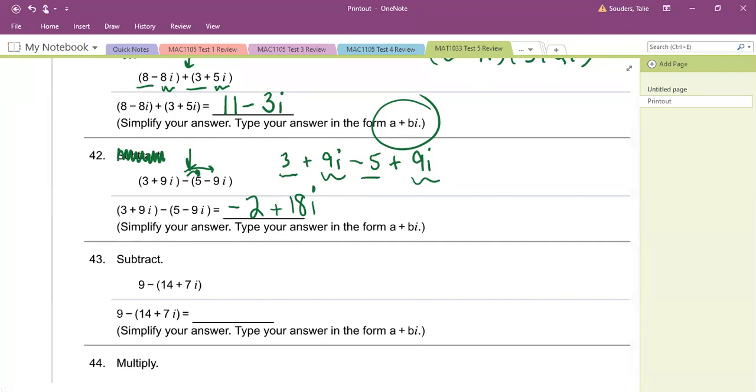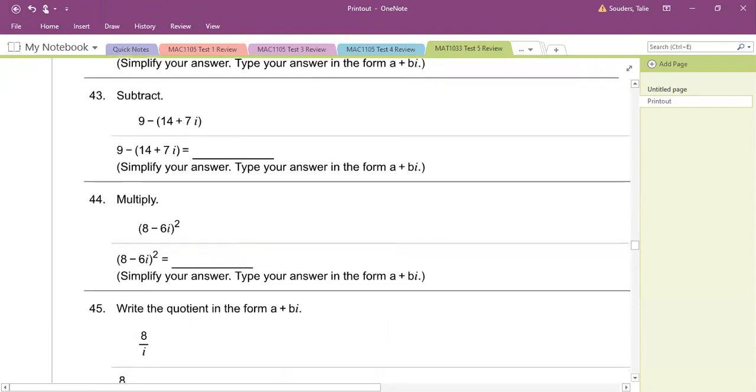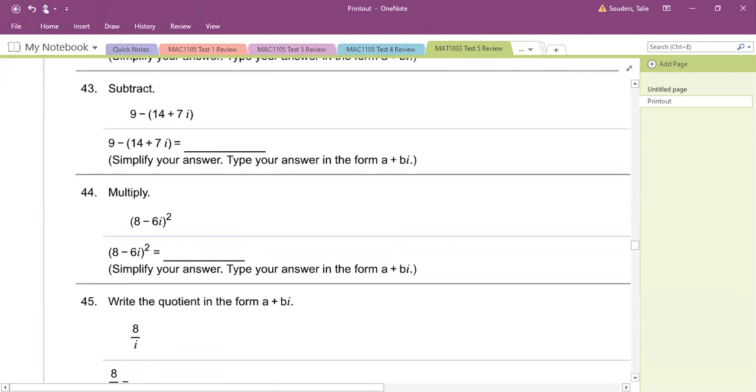So help me out. What do we need to do in number 43? You distribute that negative. Good. So what does that give us? You got 9 minus 14 minus 7i. Good. And then what would you do from there? You do the 9 minus 14, which you get negative 5 minus the 7i.